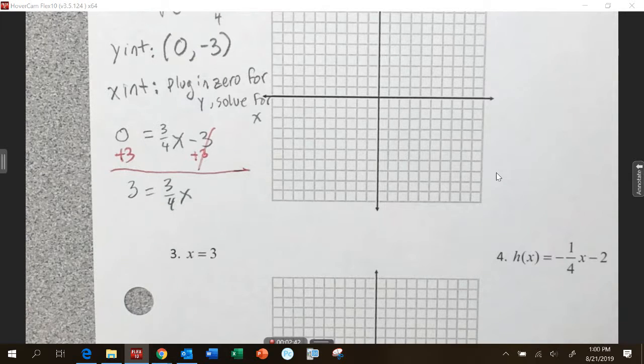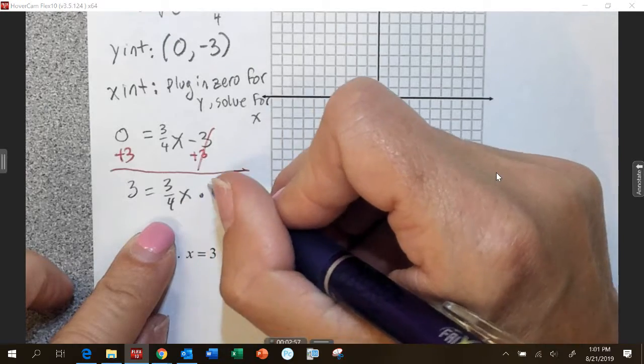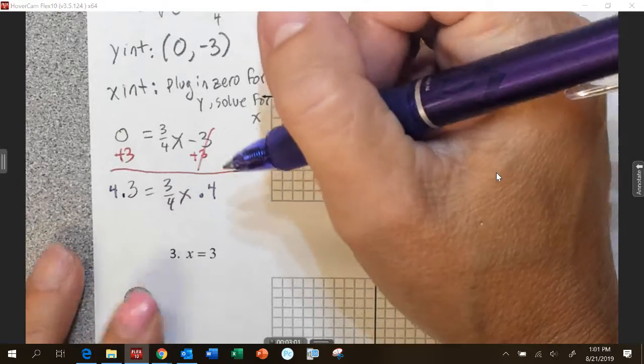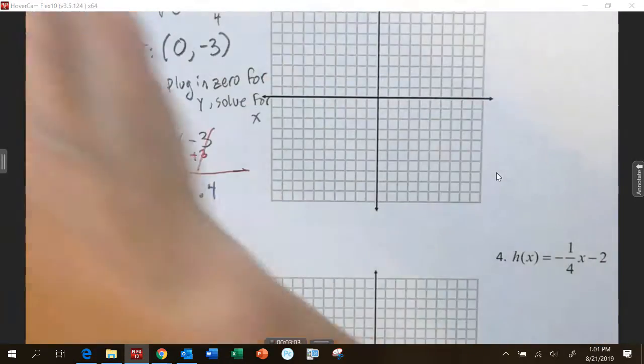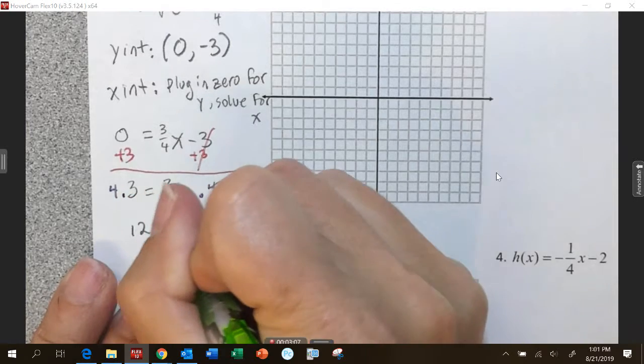So instead of dividing by 3/4, multiply what? By 4? Sure. Since it's dividing by 4, you can multiply both sides by 4 to cancel that out. We always want to do what's opposite. Hey, that was perfect. So now I have 12 equals 3x.